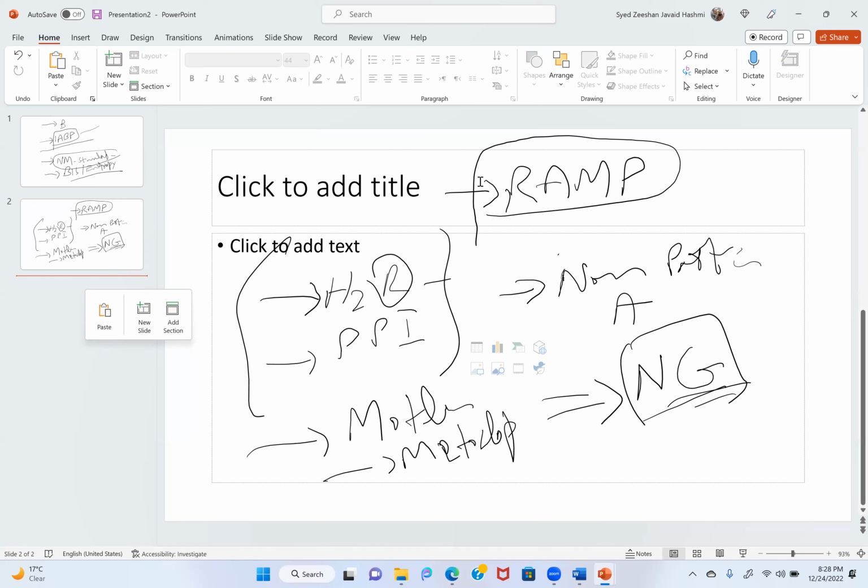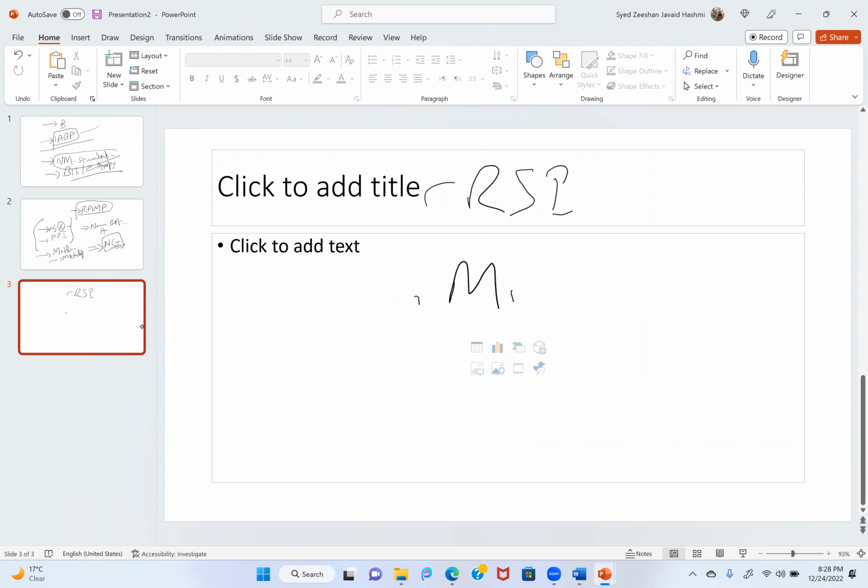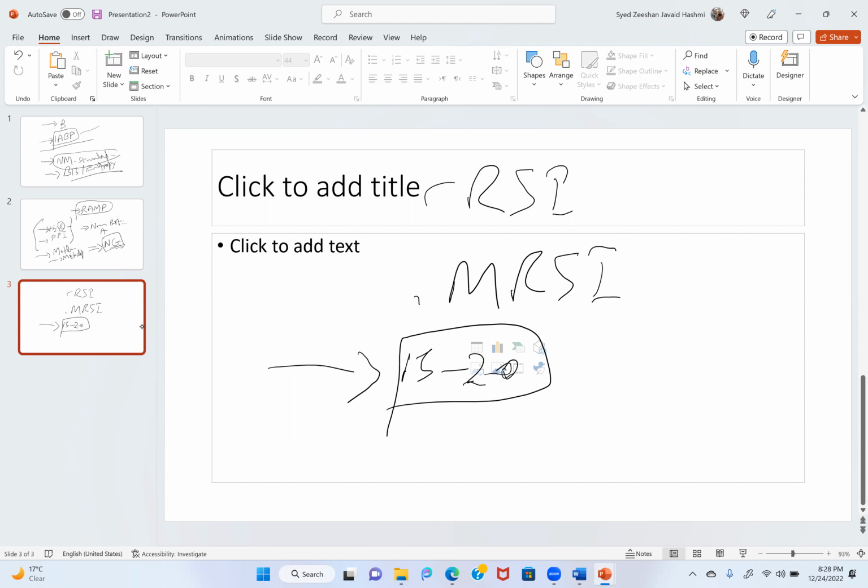So ramp position will help you in protecting. These are certain things. The most important is RSI. Very good. Rapid sequence induction or modified rapid sequence induction, especially with reference to airway pressures, which should not exceed 15 to 20. So this is actually part of your management.